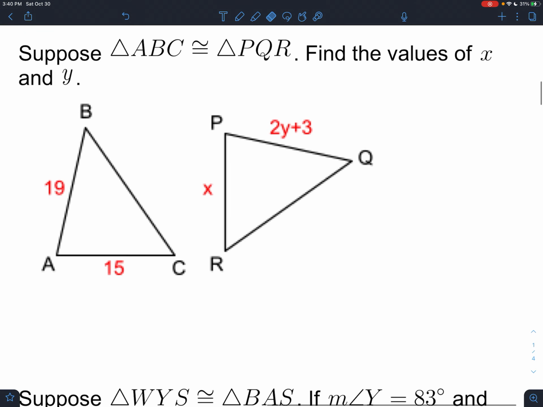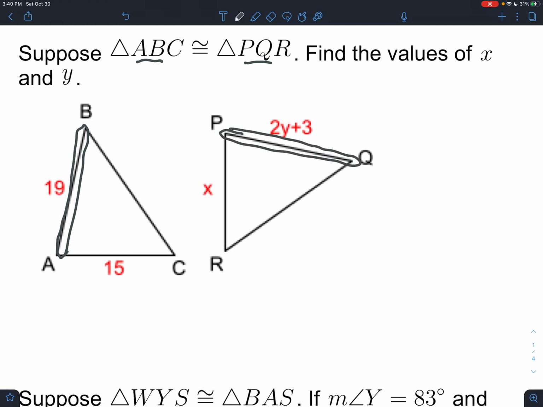All right, let's practice doing this matching game. They tell me to find x and y, but they give me this very nice congruence statement. So AB, this length right here, I know right off the bat is equal to PQ because the order matters.